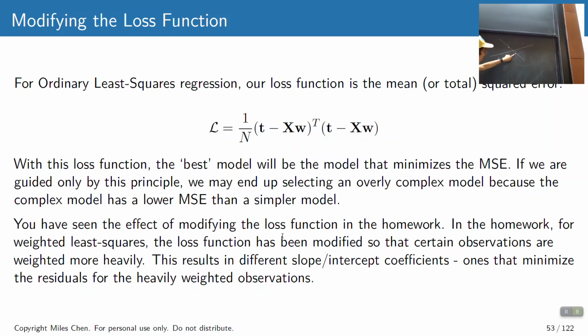Because we're saying I want really tiny residuals here, and I don't care if I have a huge residual here and here. Or if you say these are the important ones, this one over here and this one's really big, and I don't care if I have residuals over here, then you end up getting a line like that, right?